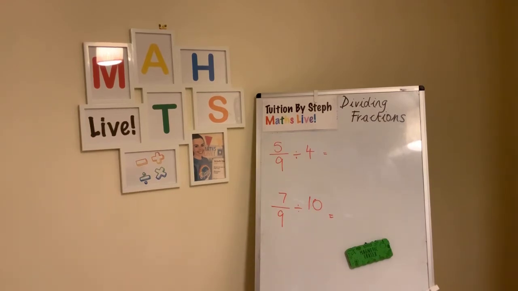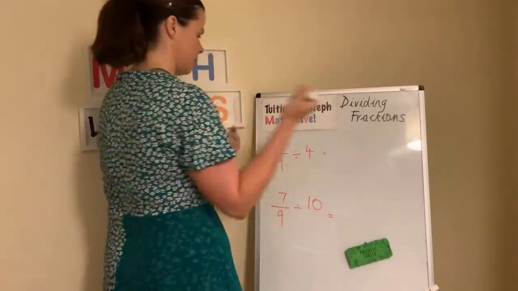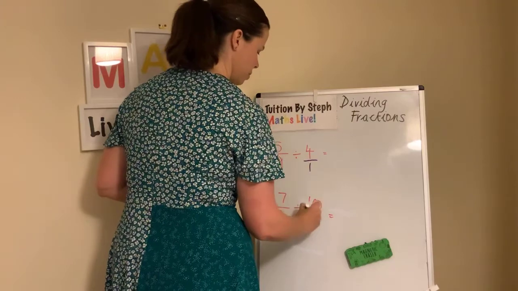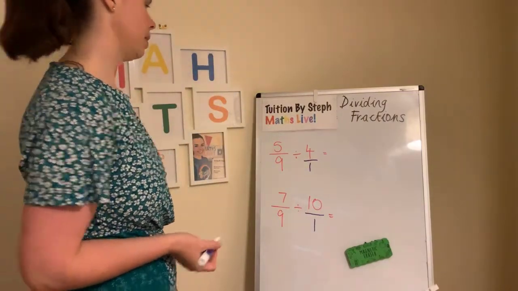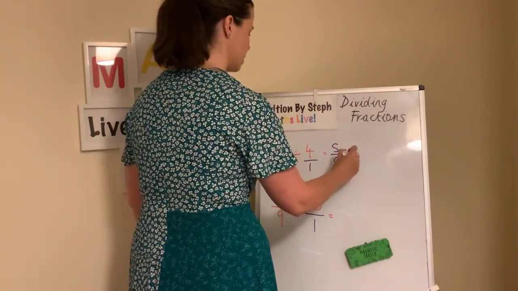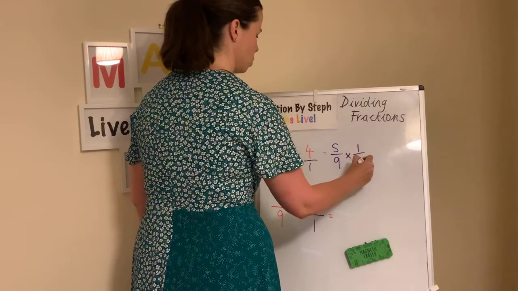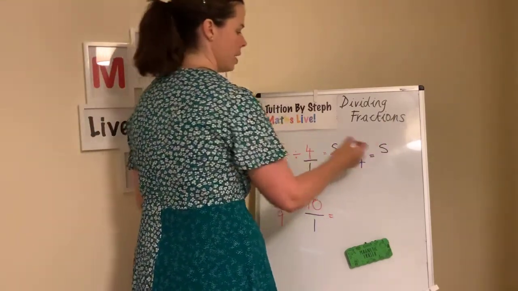Okay, got some answers. So, you can put them both over 1 to start. Okay, and then we do KFC. So it'll be 5 ninths times by a quarter. So 1 times 5 is 5.